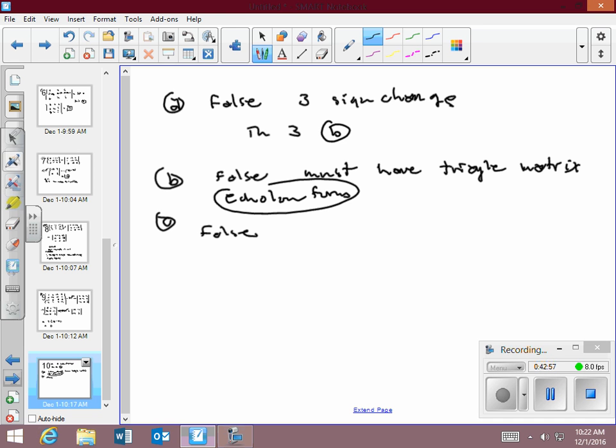Okay. D. The determinant of A inverse equals a negative determinant of A. And that's false.